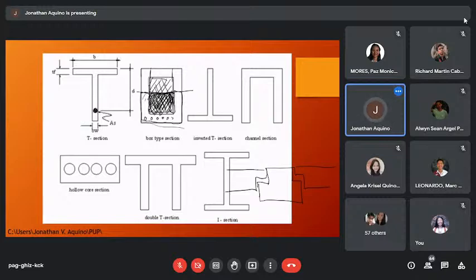Then for inverted U or channel, sometimes they call it as channel section or hollow core. Okay? So same din yung principle ng hollow core sa box type. So minsan yung neutral axis natin nandito. Okay? So hindi mo na kailangan, di ba, kung ito yung tension reinforcement natin. So yung part na to is not giving, theoretically, hindi natin kinukonsider sa moment capacity. Kaya lagi tayong may void.